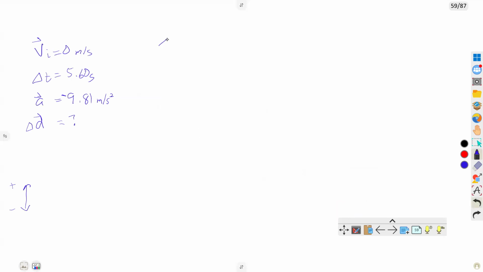So change in displacement equals VI times change in time plus 1/2 acceleration times change in time squared. Our initial velocity is 0 meters per second.